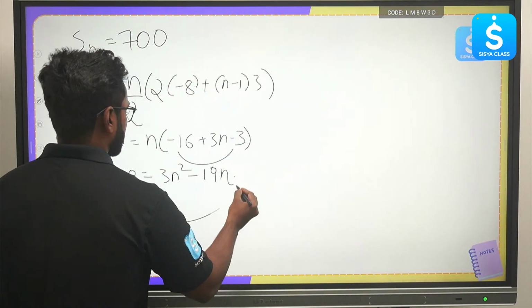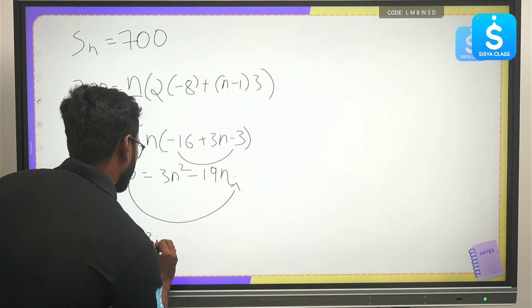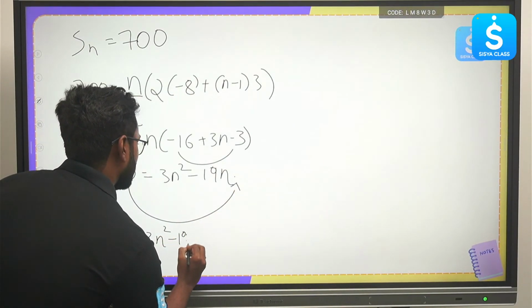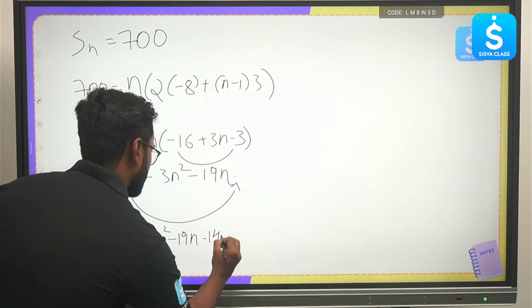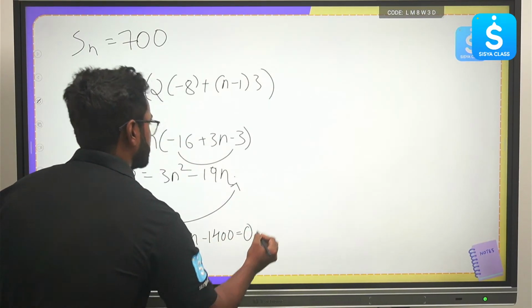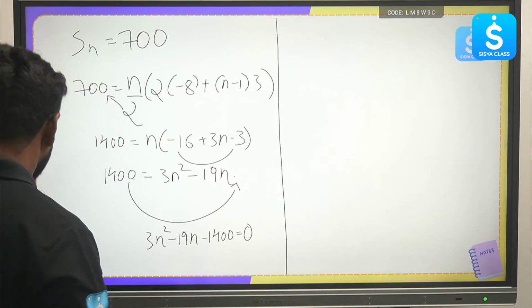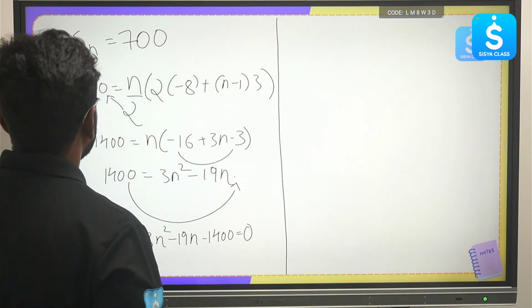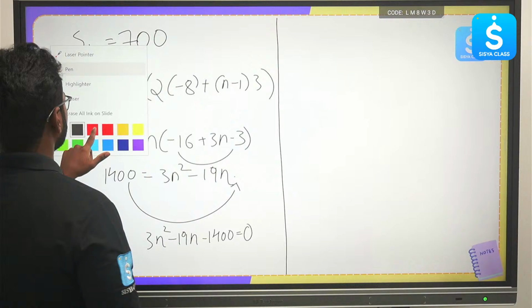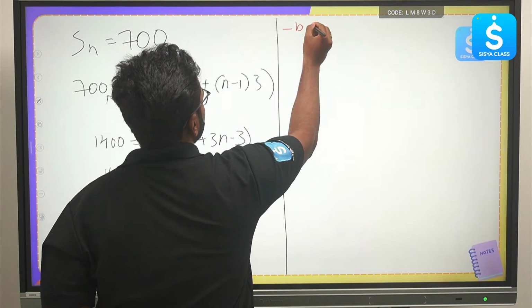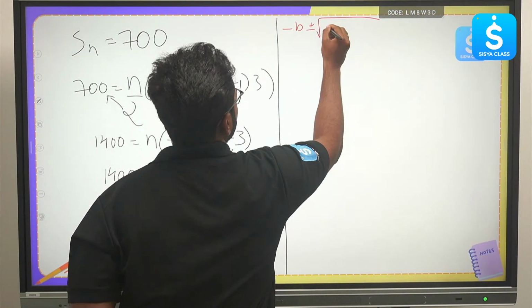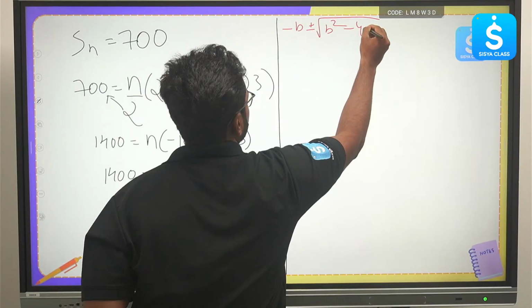Let us bring this to the other side. 3n square minus 19n minus 1400 equals 0. You can try finding factors by any method. Let us try finding it by using the quadratic formula, which is minus b plus or minus root over b square minus 4ac, by 2a.